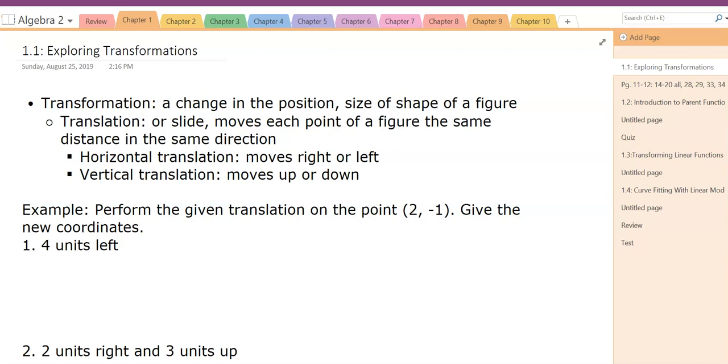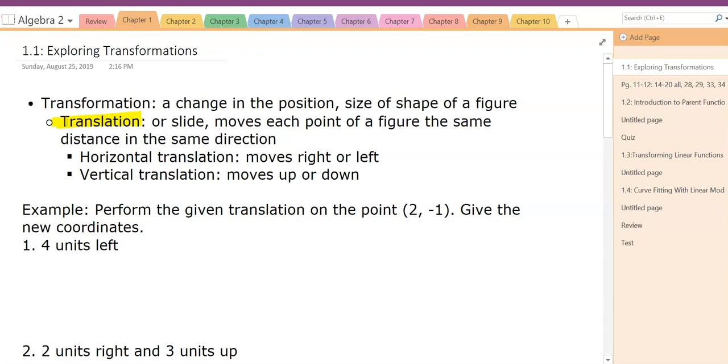The first one is called a translation. Another word for translation would be slide. It's when you've taken the graph and you move it. It could be moving in any direction: left, right, up, down. Depending on how it gets moved will determine whether it was a horizontal translation or a vertical translation.